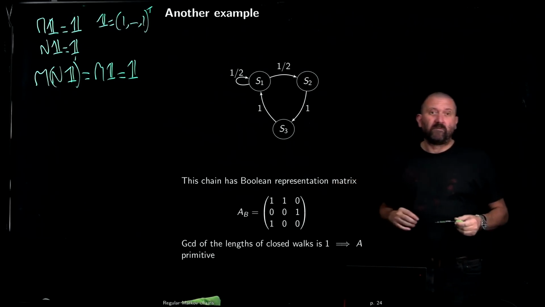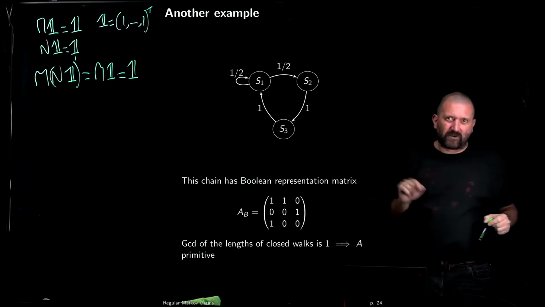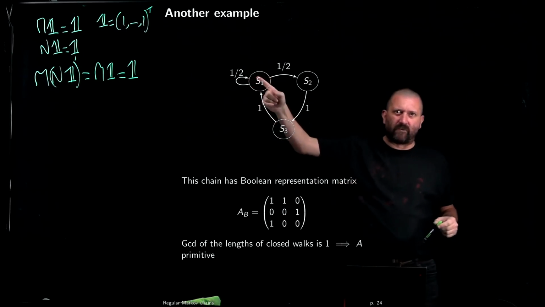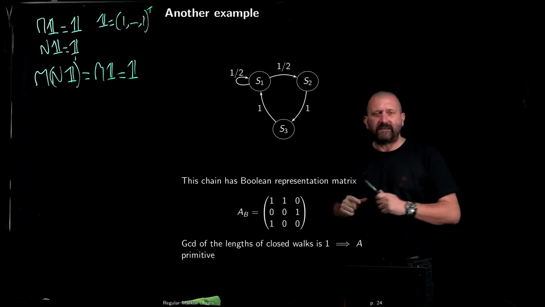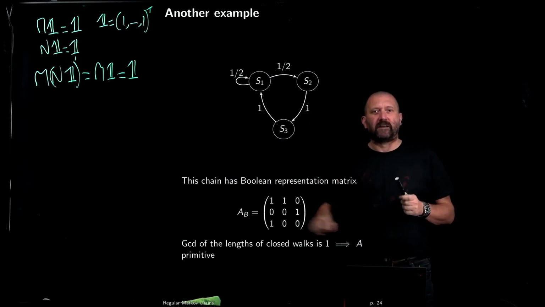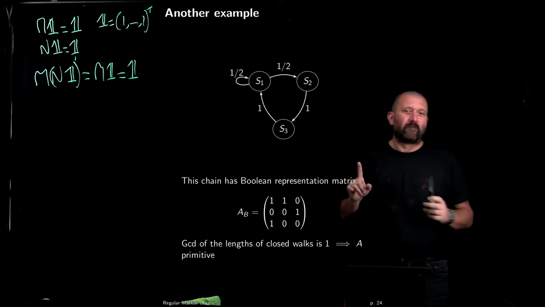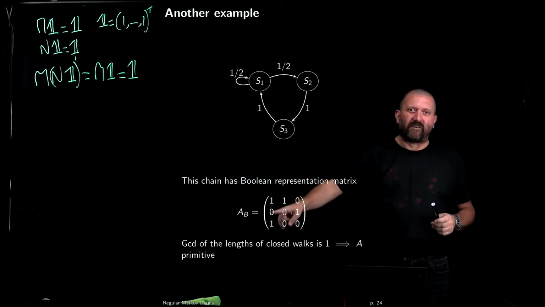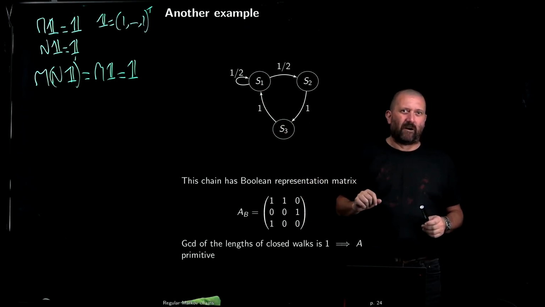Now, let's add a loop. From that theorem we saw before, this is a strongly connected graph. I can go from any vertex to any other vertex, and I have a diagonal entry that is non-zero. By the way, this is the Boolean representation of the transition matrix.